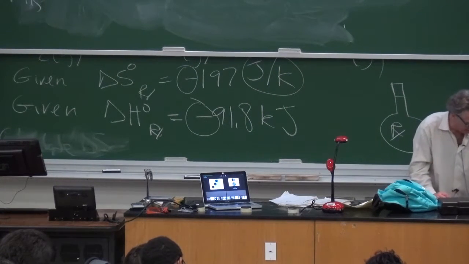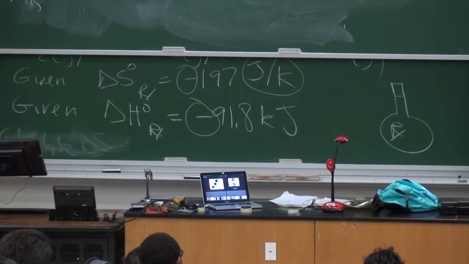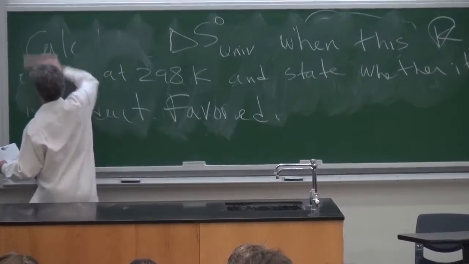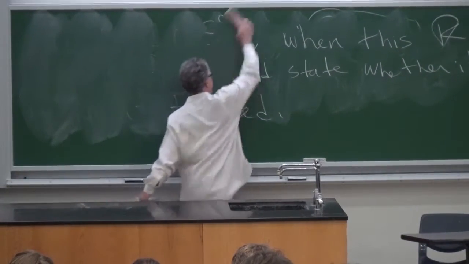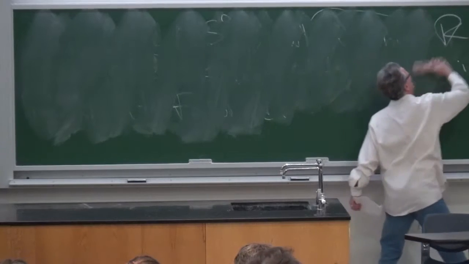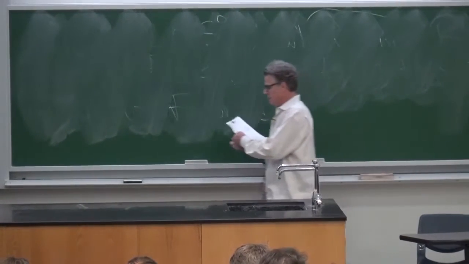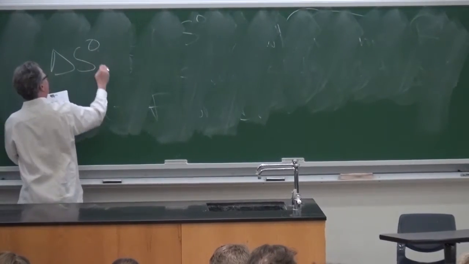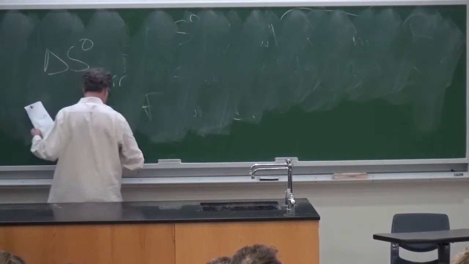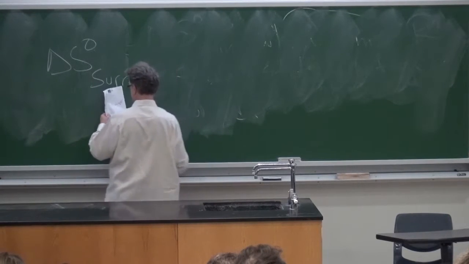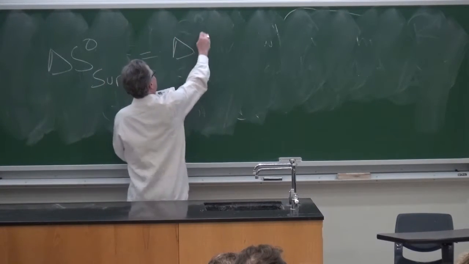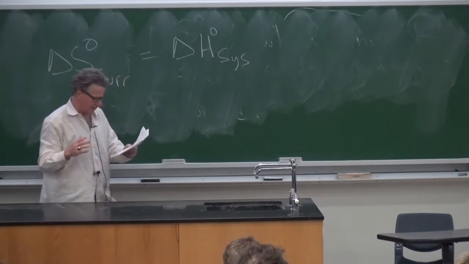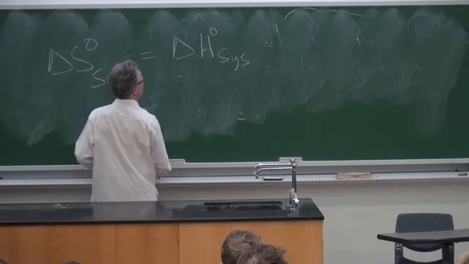So we can then write that delta S of the surroundings is simply delta H of the system, the heat released by that, well, let's just call it delta H of the reaction.